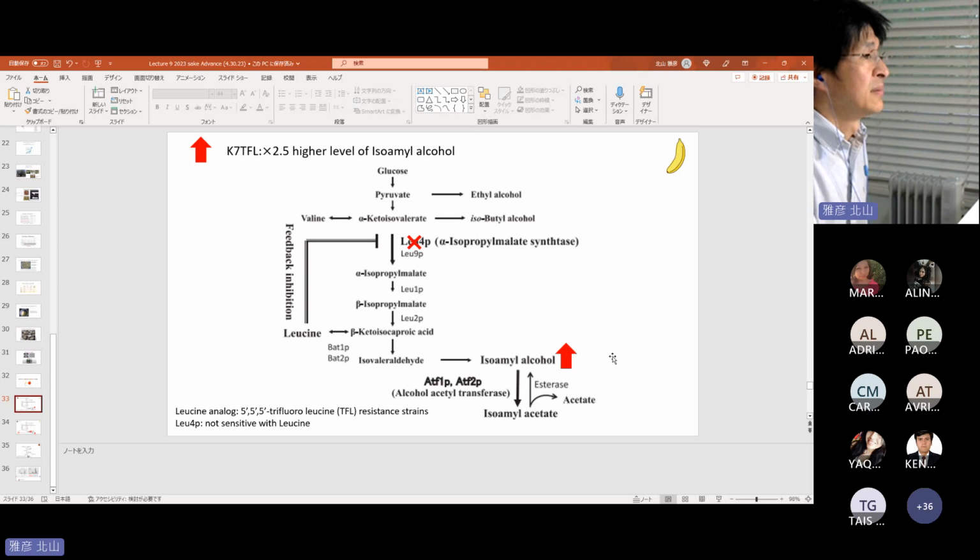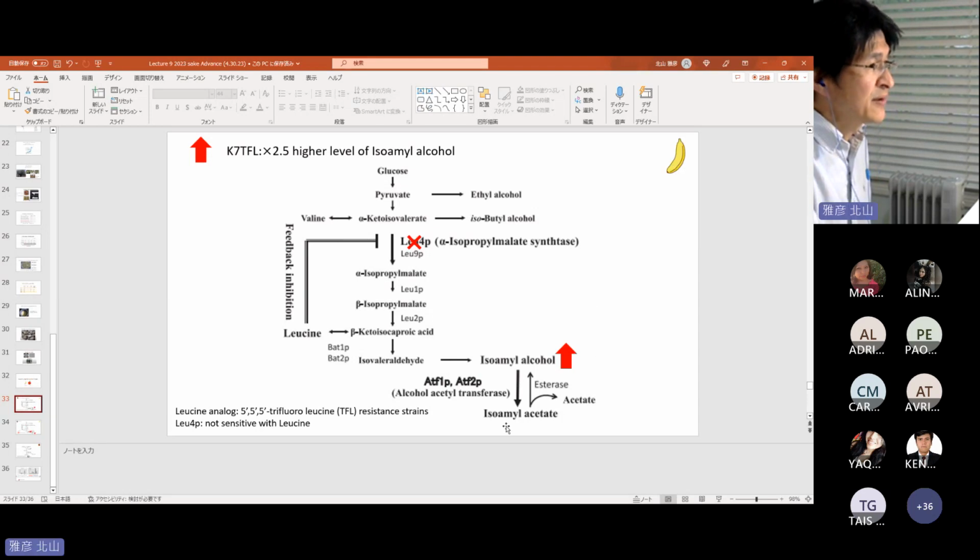Very complicated. So first, I will explain the mechanism. We can make a yeast strain to produce more aroma of banana. There is isoamyl acetate. This is a chemical compound, a volatile compound, which has the aroma of banana.